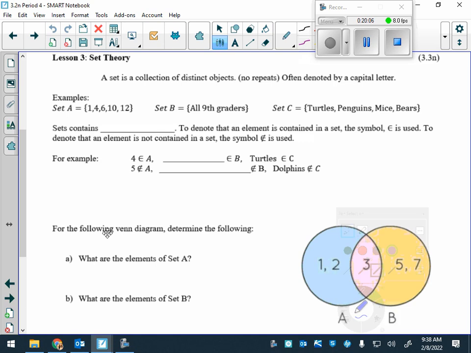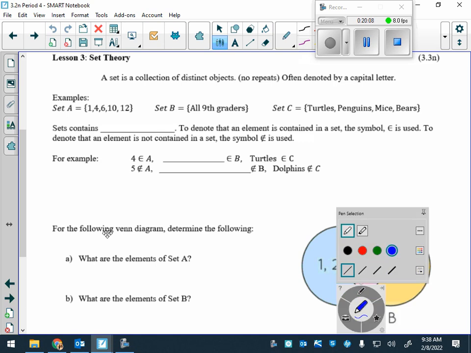One thing with set theory, sets are a collection of distinct objects, or things. If we had a universal set, let's just say, it would be all of you in this class. Set A, represented by capital A, would be my sophomores. Set B, with a capital B, would be my juniors.